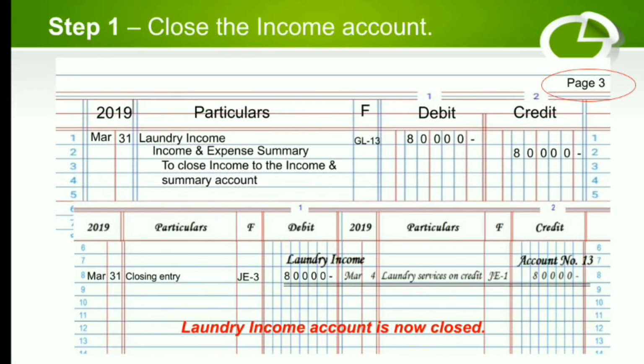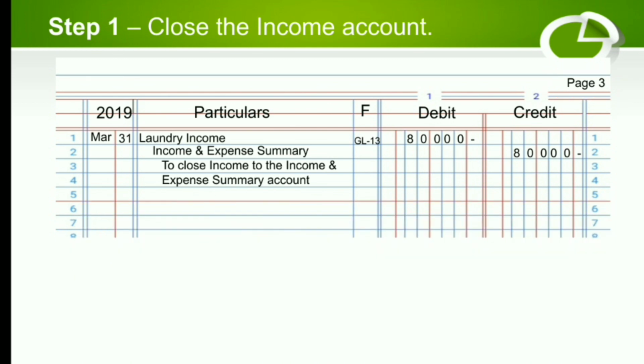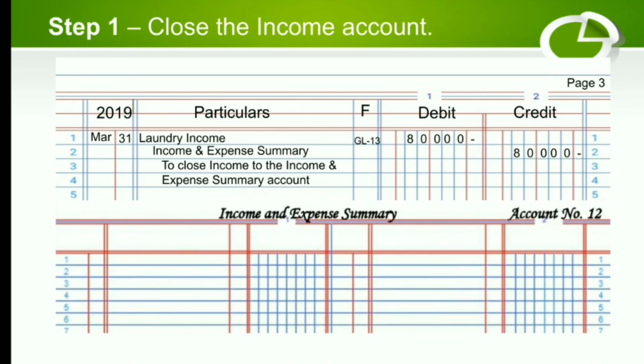Now let's move on to our credit entry, and that is income and expense summary of 80,000 pesos. So let's proceed to the income and expense summary account, and that is account number 12. We're going to put the column headings first in the credit side. So we have here the year 2019, particulars, folio, and credit.